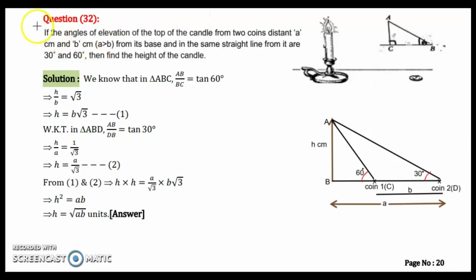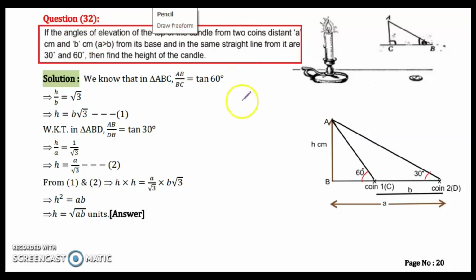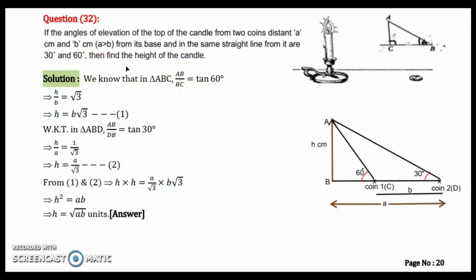If the angle of elevation of the top of a candle from two coins A and B, two coins at distances A and B with A greater than B from its base and in the same straight line from it, are 30 degree and 60 degree, then find the height of the candle, right?